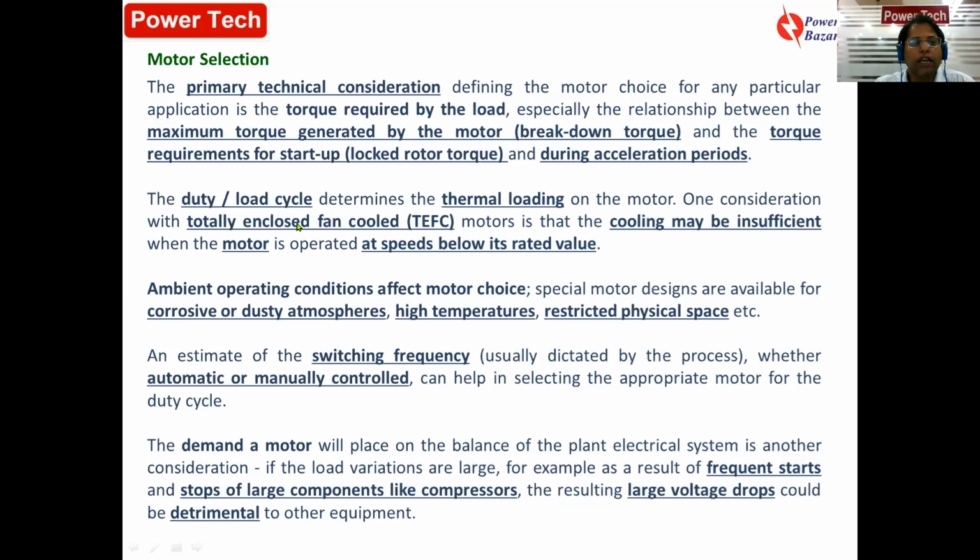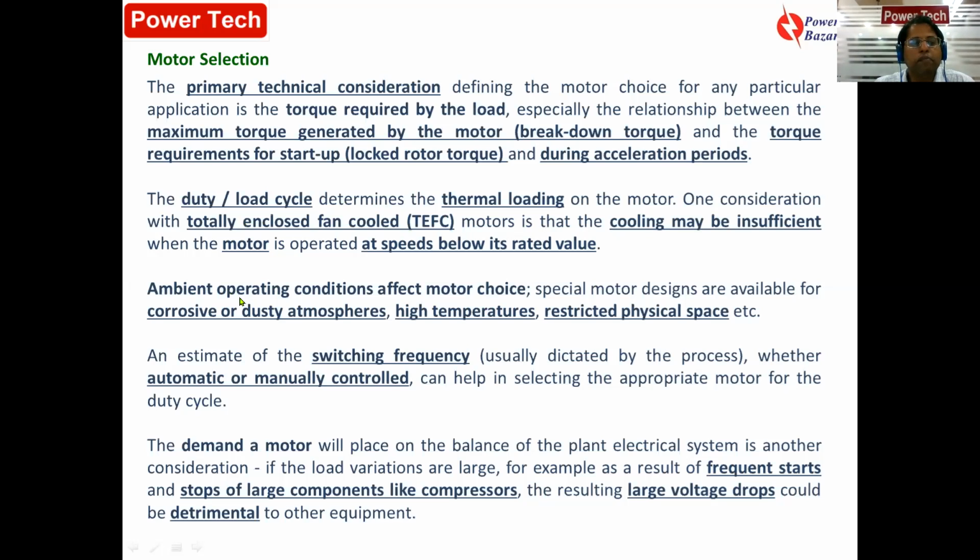Now, in case of totally enclosed fan-cooled motors, the cooling will be insufficient if the motor operates at speed below its rated values. In case of TEFC, the heat is being taken away due to rotation, due to the speed of the motor. There is a fan attached. Now, if the speed reduces, then the fan operation will reduce, and the cooling will not be sufficient. So, depending upon the duty cycle, load cycles, and speed requirement, the motor can be selected.